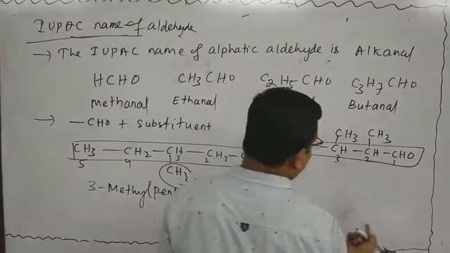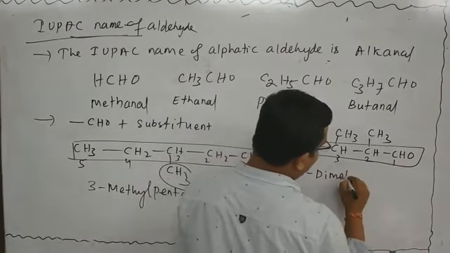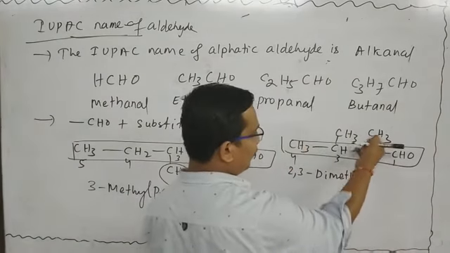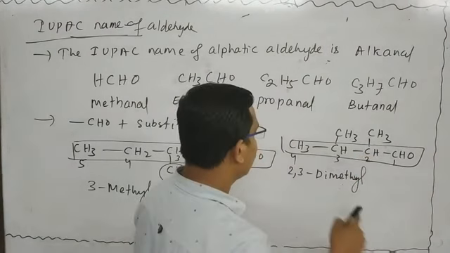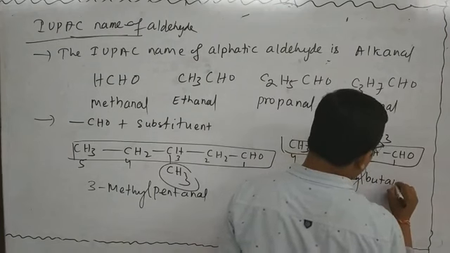Then what will be the name of this compound? 2,3-dimethyl. There are two alkyl groups, that is the methyl group is present at the 2 position and 3 position. So the name is 2,3-dimethyl butanal.